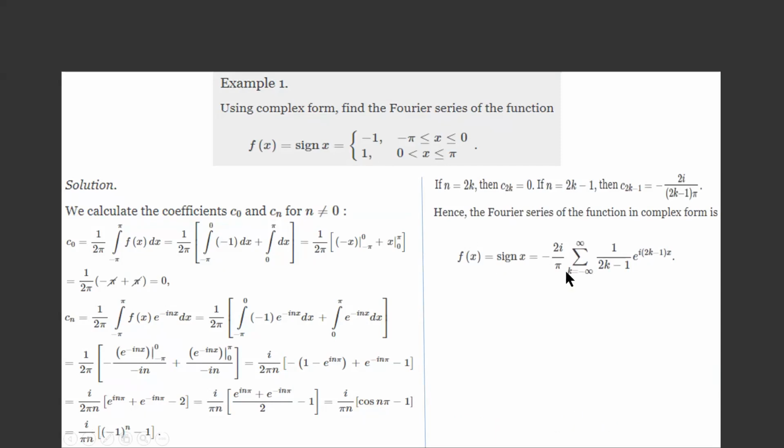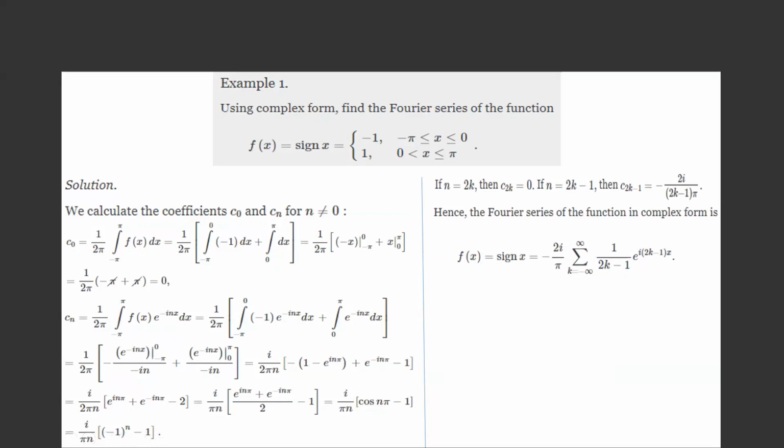So you will have only one formula here. You don't need C naught, A naught, An and Bn. You have only the formula of your Cn, which is this one, and you multiply by e to the i n x, which is the formula for the Fourier series in the complex form.